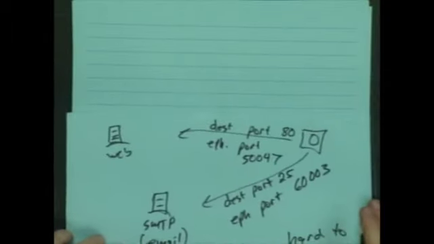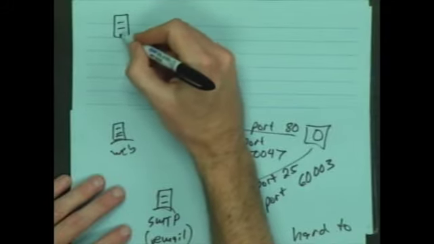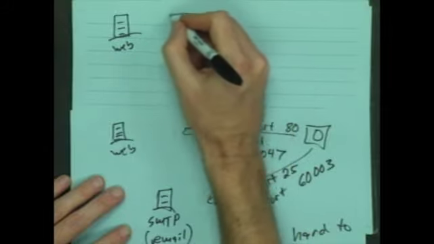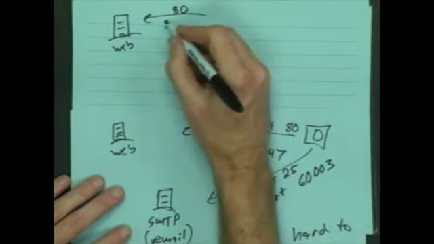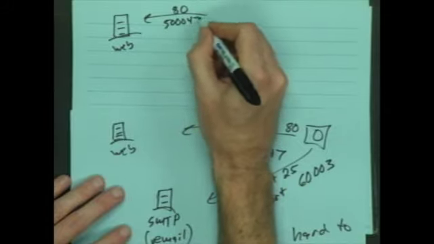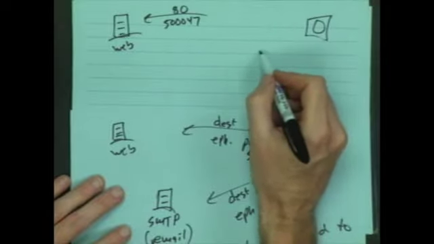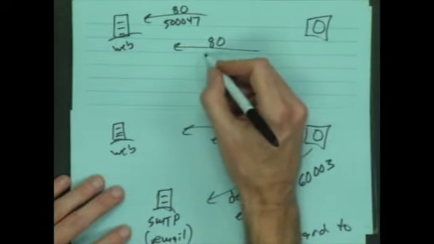What this also enables us to do, let's go up to this top part. If I want to go to the web server, and again, I had one connection that was port 80 using 50047. So here's my client. I can actually open another connection to the server and use a different random number.